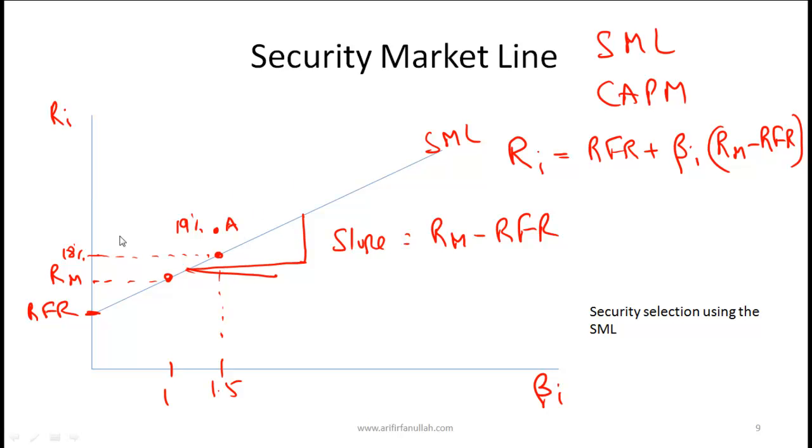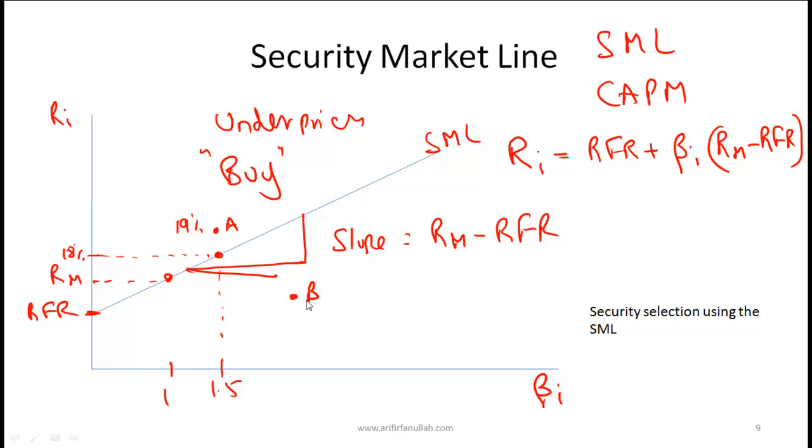So any securities that you find above the security market line are a buy. So you can also say they are underpriced, or you can say that the return that you are expecting on them is more than what you require given the level of risk.